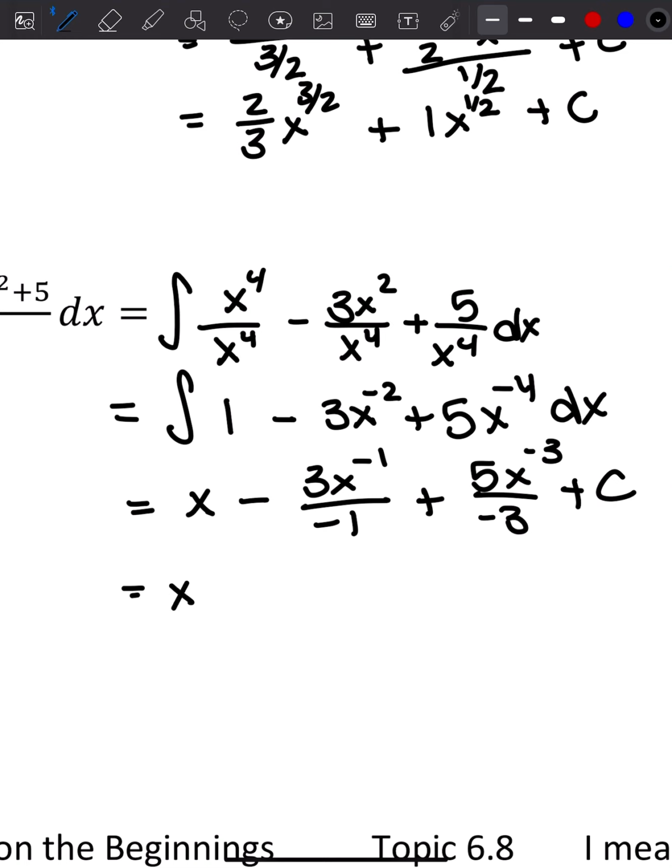So we have x, minus a negative, and it's being divided by 1, so we have plus 3x to the negative 1st power. Minus, because we have plus a negative, 5/3 x to the negative 3rd, and I can move these down, so I could write it as x plus 3 over x minus 5 divided by 3x cubed plus c.